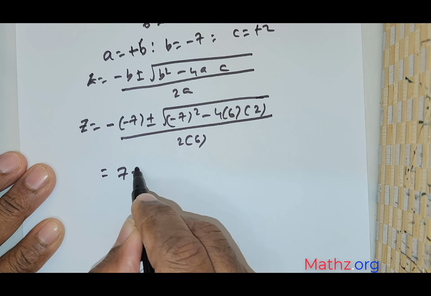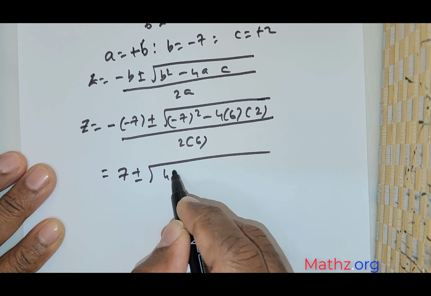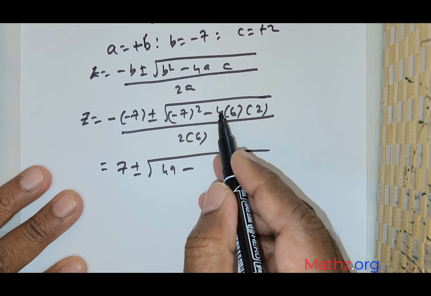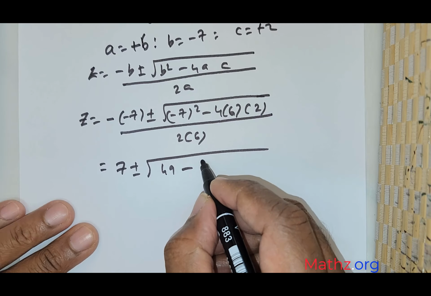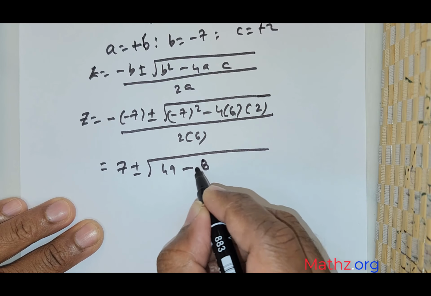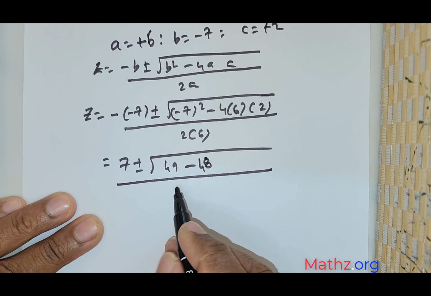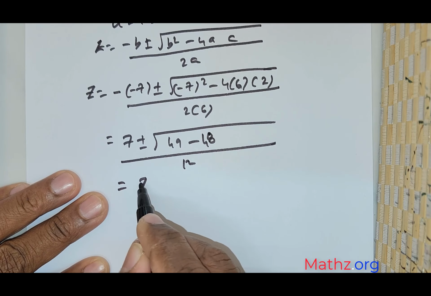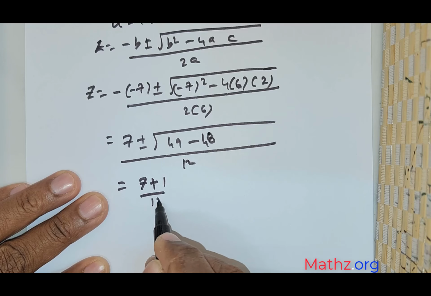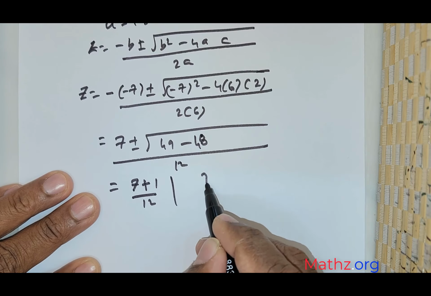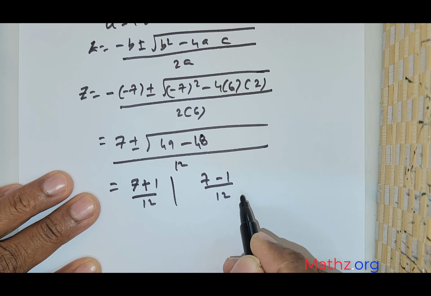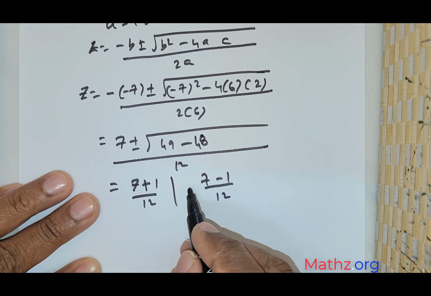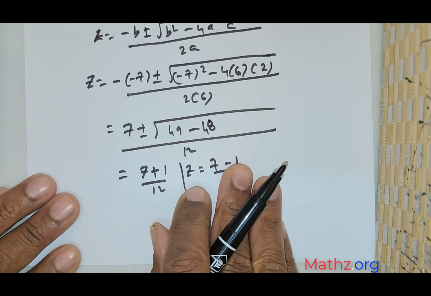So this is going to be 7 plus or minus root of 7 squared is 49 minus 6 fours are 24 times 2, that's going to be 48, divided by 2 times 6 is 12. So this would give you 7 positive 1 over 12, that's one value. Next value 7 negative 1 over 12. In both cases we got z.